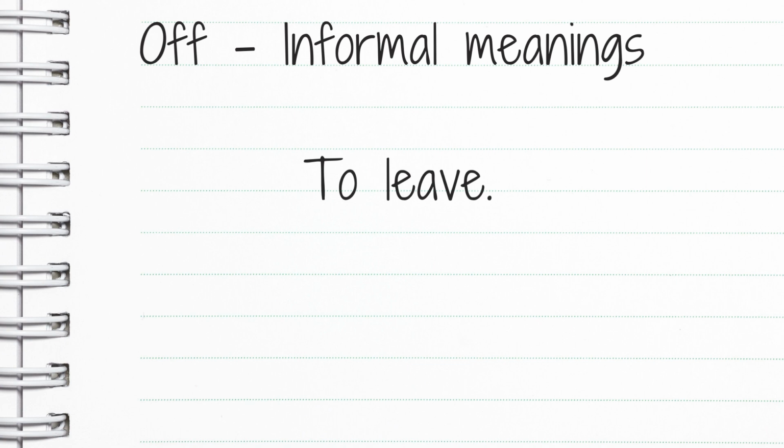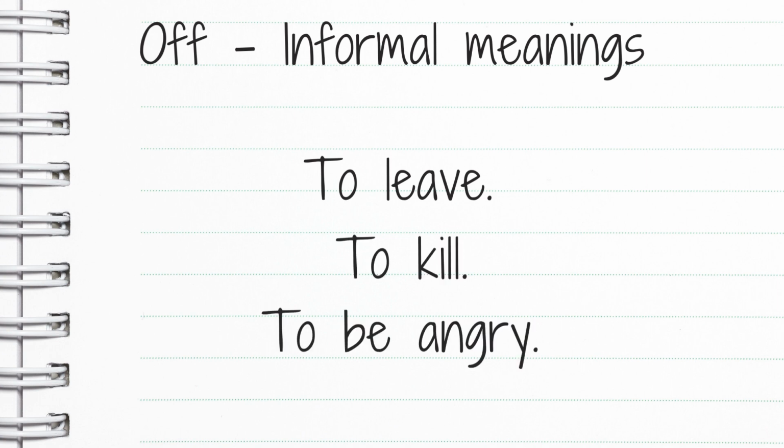So one of the informal meanings is to leave. To leave the room, she was off, or you're watching a race and there's a commentator and the commentator says, and she was off. It means she's left her starting position and she's going away from it. To kill, so it could be a sentence like, he finally snapped and offed the guy, which would mean he killed the guy.